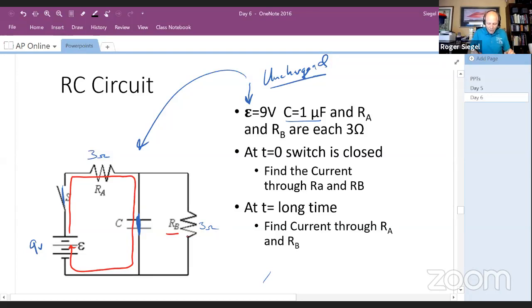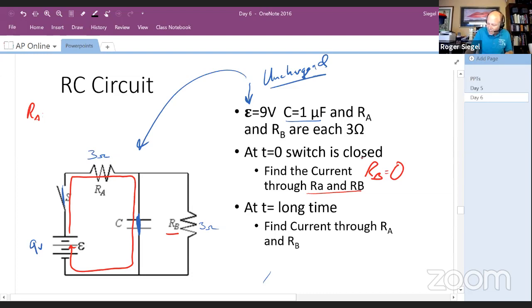So now, if we want to find the current through RA and RB, over here I'm going to say the current through RB is equal to 0. There's no current through it because I've shorted it out. And what about RA? I'm going to come up here and do some work with RA and see what that current is.